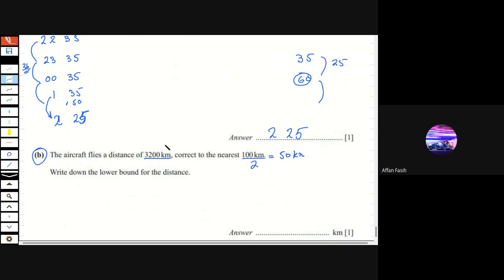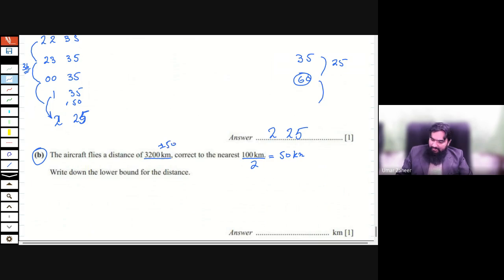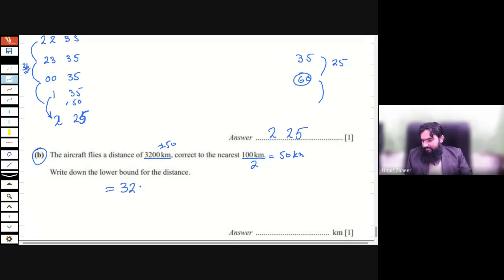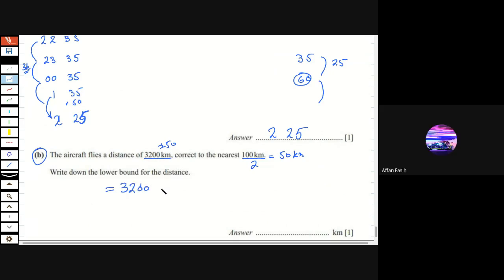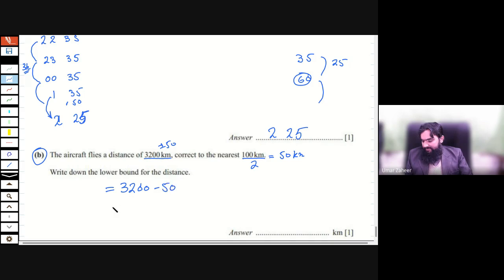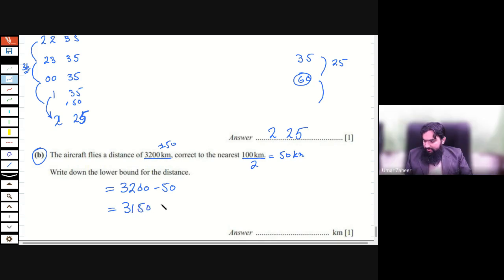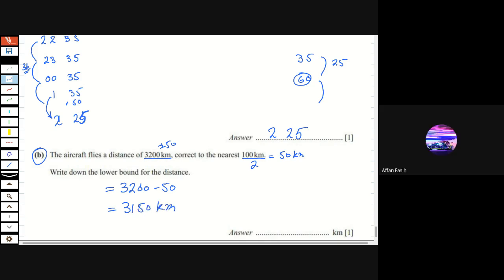So what is the lower bound of the distance? You will subtract, obviously, to find the lower bound: minus 50. So it will be 3,150 kilometers.